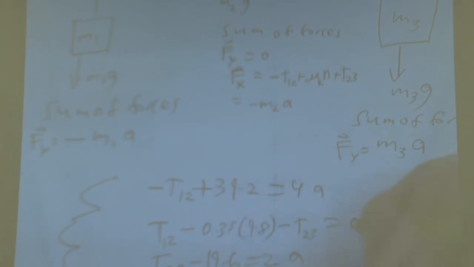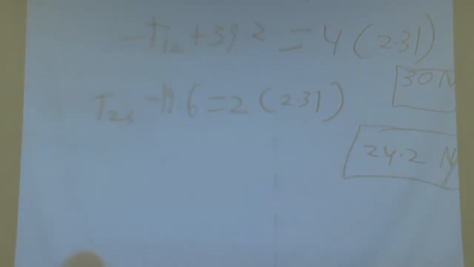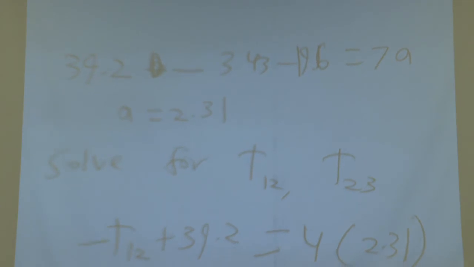Right, this is 1 technically because this is mass, acceleration, mass, acceleration, mass, acceleration. So when we plug in numbers, that's what we get. We get an acceleration of 2.31 meters per second squared.